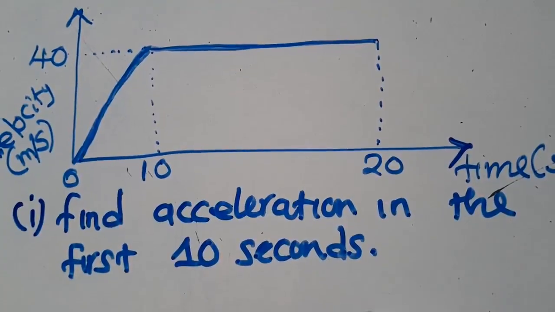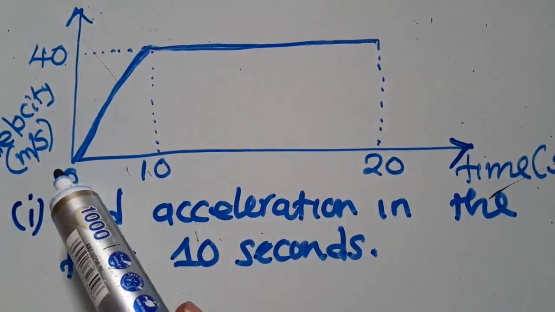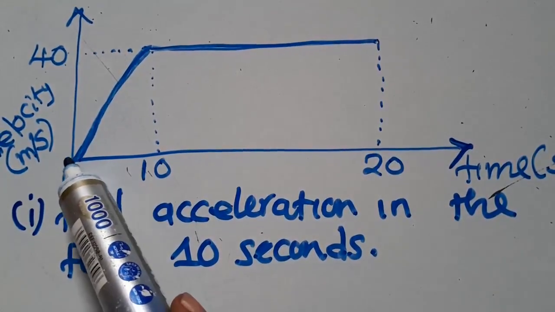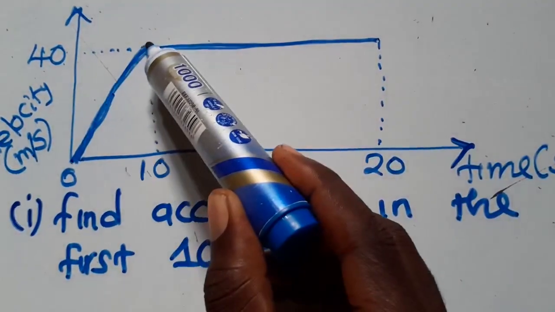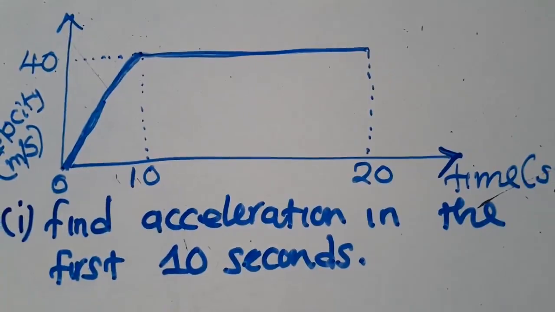So how can you find the acceleration? It was accelerating. Obviously, it started from rest. So from this rest position, it increased its velocity until it reaches that point.